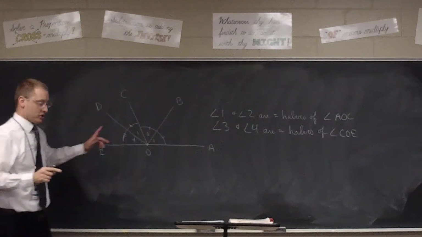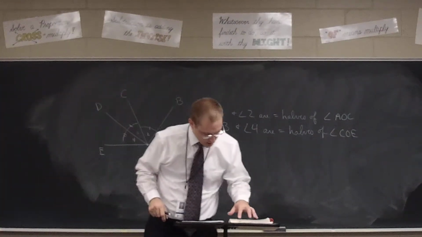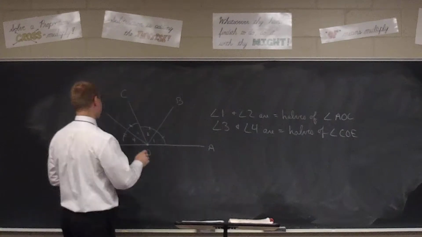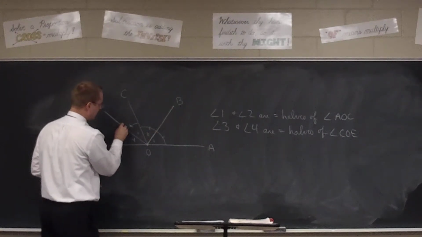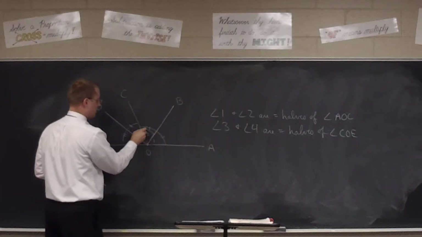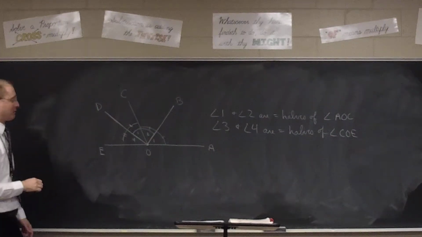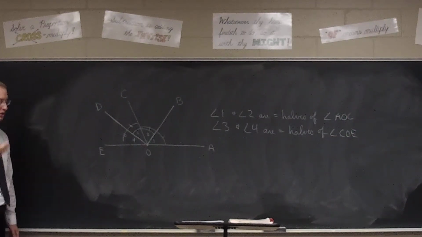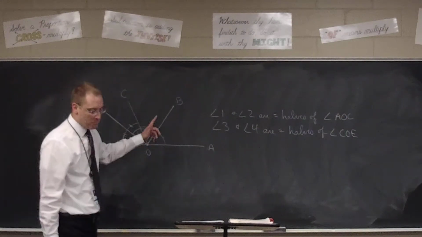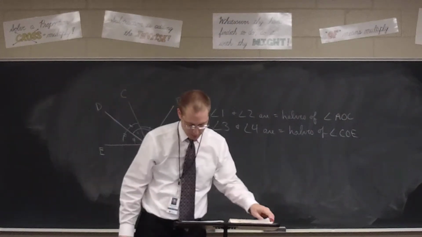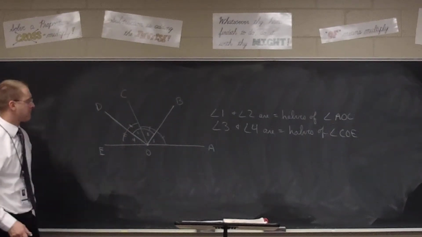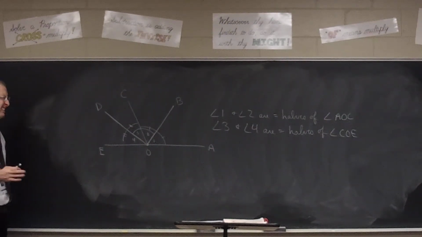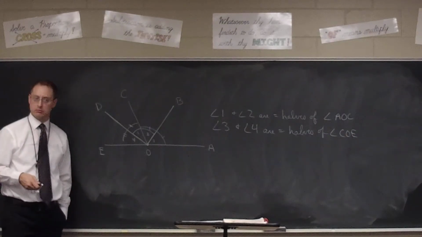Now, what they're interested in is us showing that BOD is a right angle. Does it look like a right angle? It kind of looks like it, but does that mean it is? No, we don't trust our eyes. But we want to show that BOD is a right angle. Well, what is BOD?